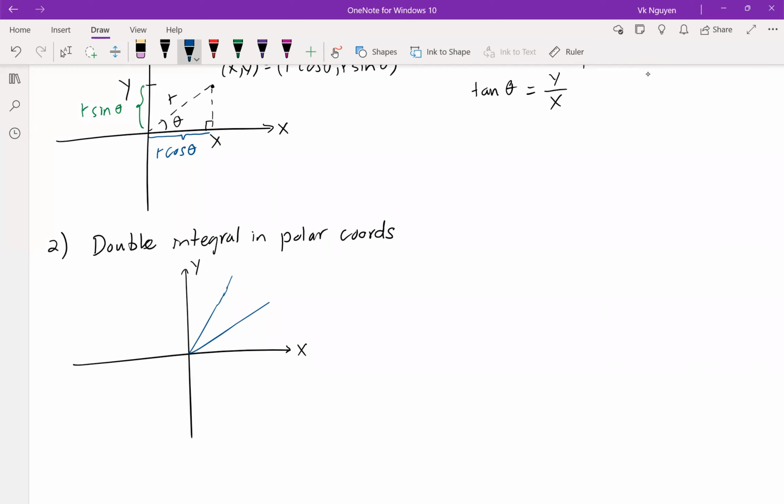It has, of course, two angles. This angle right here is alpha, and the bigger angle is beta.